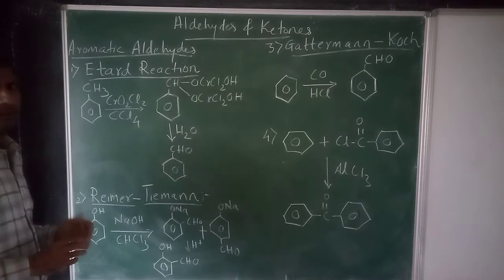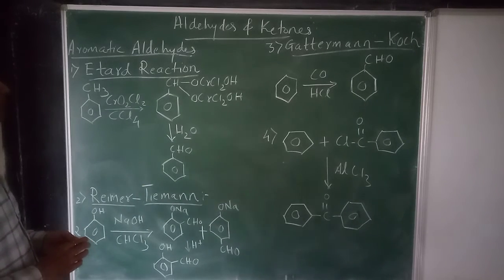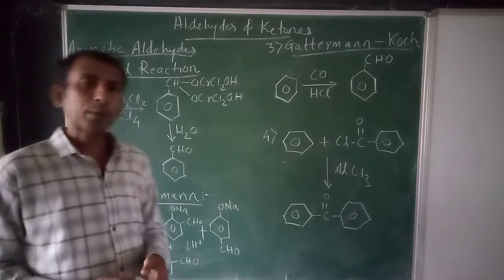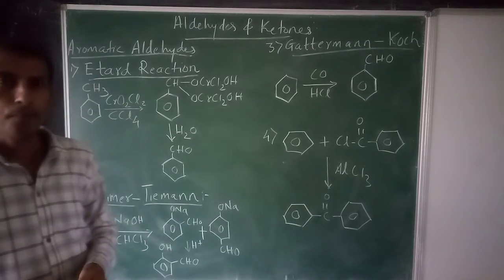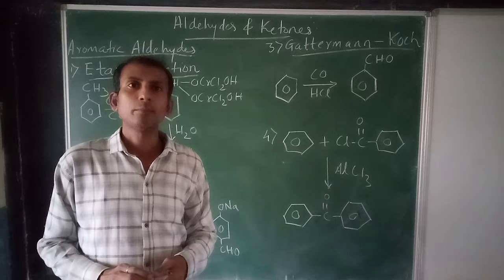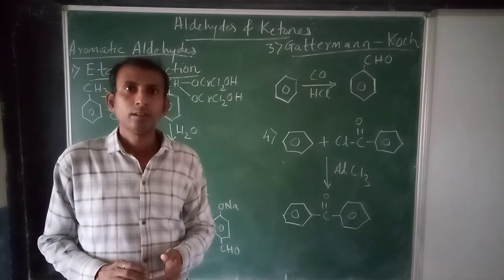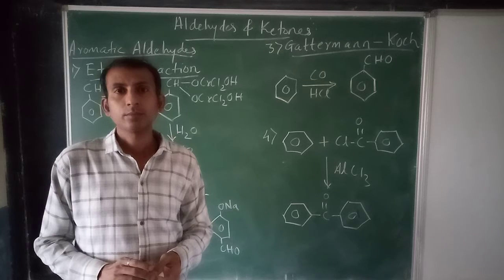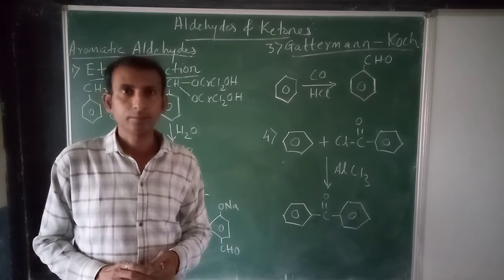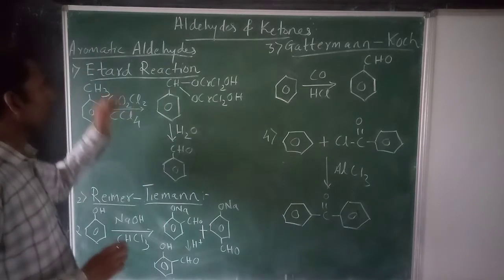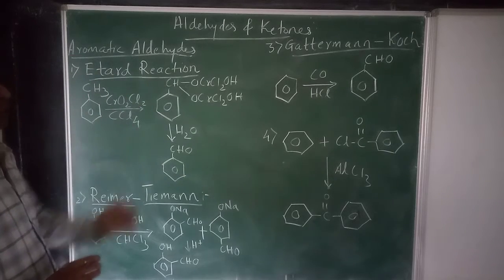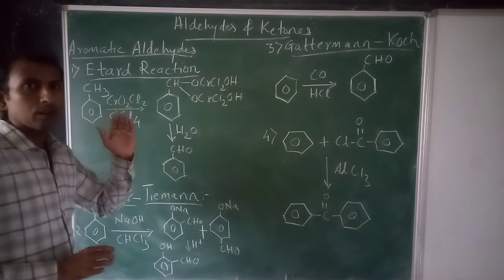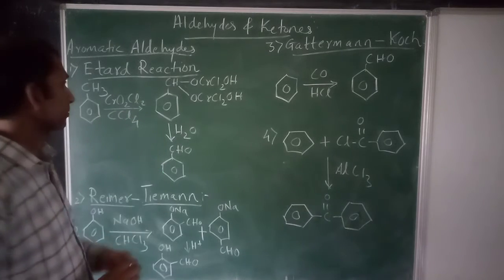The first reaction here is Etard reaction. Now, preparation of aromatic aldehydes, you will find many name reactions, and I told you that name reactions are very important for your examination. So here we have our first name reaction, Etard reaction. The chemist gave this method of preparation of aromatic aldehyde.